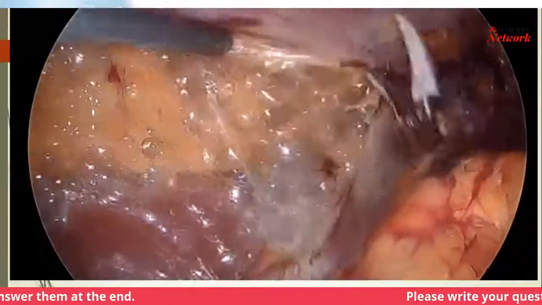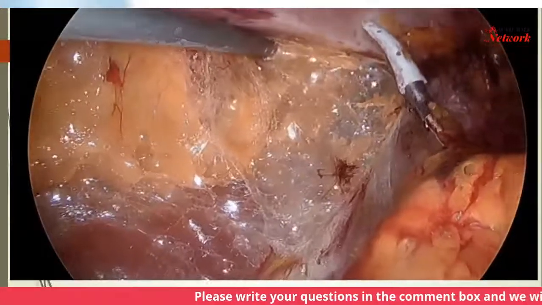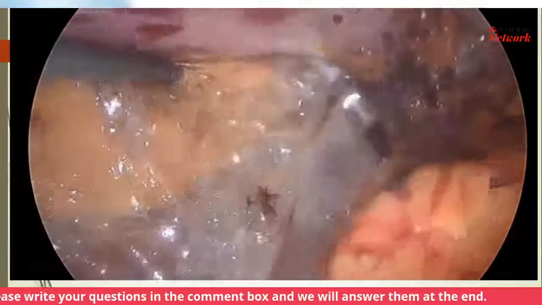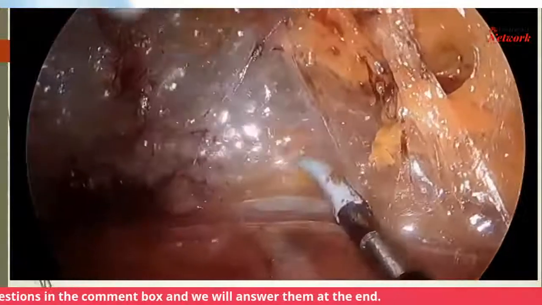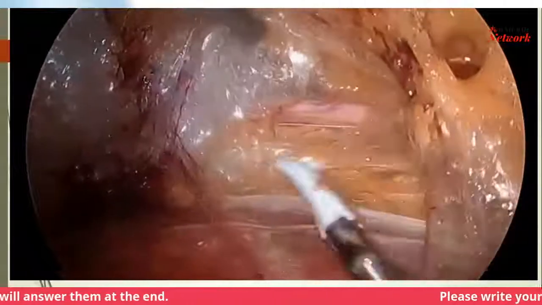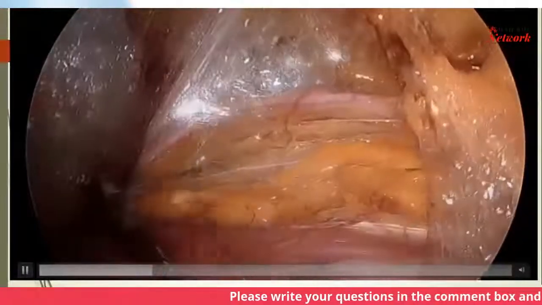And so as you can see, you can't see bowel, you can't see anything. The only thing you see is just fat, muscle, kidney, and the vessels. So we create the space and we look for the ureter. That structure you are looking at, which is whitish, this is the ureter.